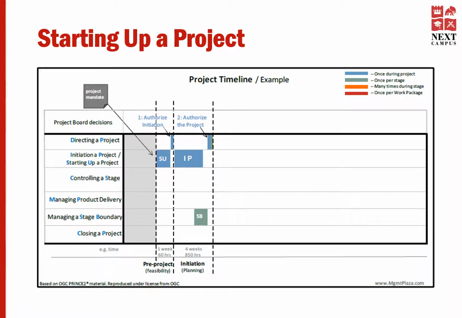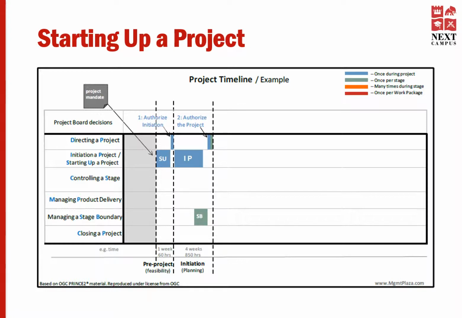Most of the work in this first stage is facilitated by the project manager, with lots of support from the executive to develop and refine the business case. Persons responding, the users help with product descriptions and quality requirements.